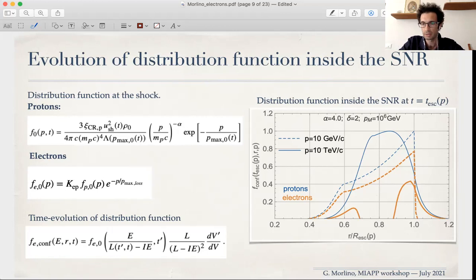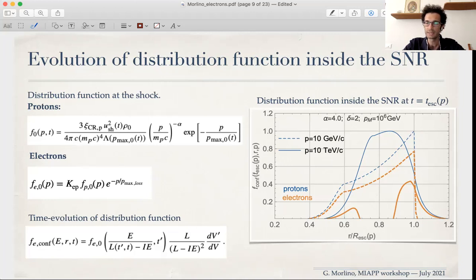This plot is meant to show that, again, the bulk of particles are not always located close to the shock, but sometimes, because of the presence of losses, they can be located in the innermost side of the remnant. You see, for example, the 10 TeV line is showing a peak here, while the 10 GeV line has a peak close to the shock.